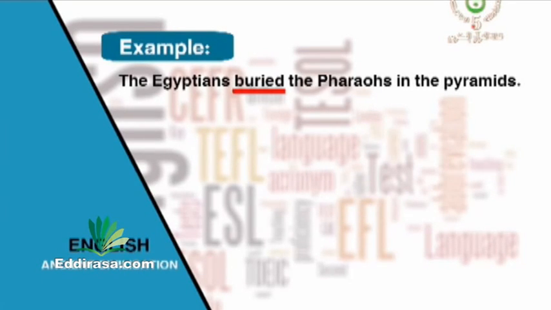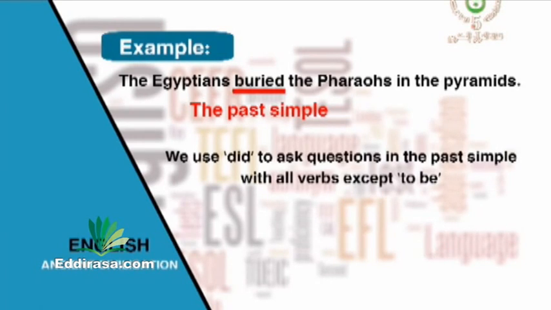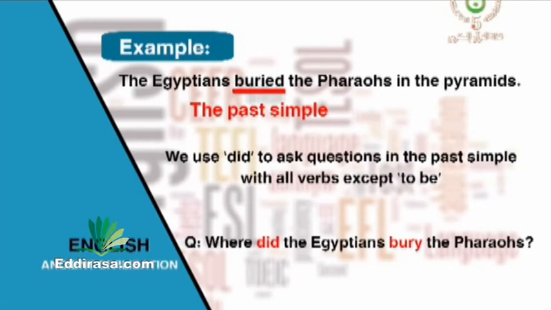What tense is it? Past simple, right? Which auxiliary do we use to ask a question when the verb is in the past? Right? We use did to ask questions in the past simple with all the verbs except with to be, as we saw in the present simple. The question then is, where did the Egyptians bury the pharaohs?